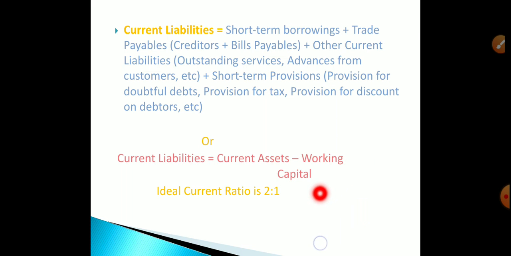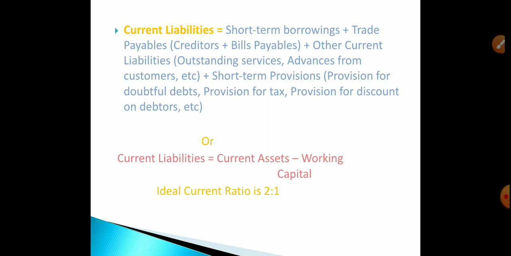Now, the ideal current ratio. The ideal current ratio is generally 2 is to 1. That is, if the current ratio is 2, only then the realization from current assets is considered to be adequate to meet the current liabilities in time and enable the enterprise to meet other day-to-day expenses.